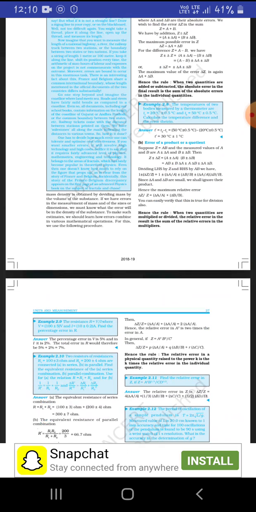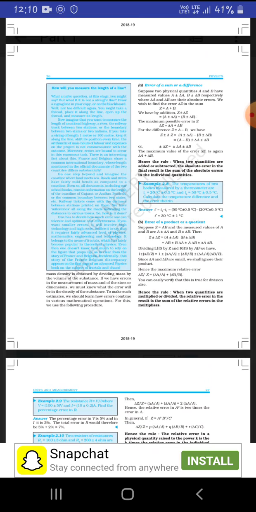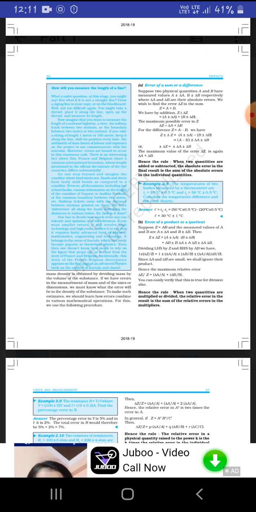So here they have given T2 minus T1 is equal to 50 degrees Celsius plus or minus root 5 degrees Celsius, minus 20 degrees Celsius plus or minus root 0.5 degrees Celsius. Therefore T is equal to 30 degrees Celsius plus or minus 1 degree Celsius.